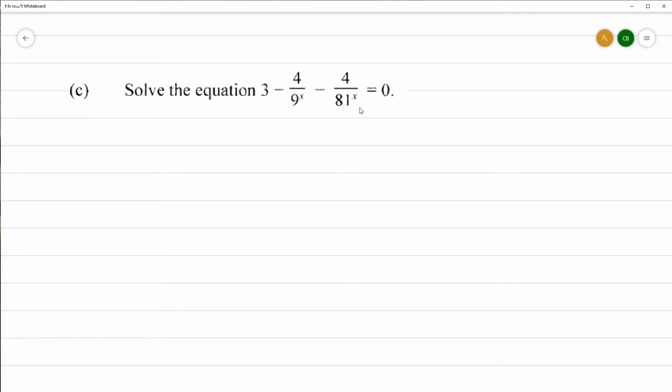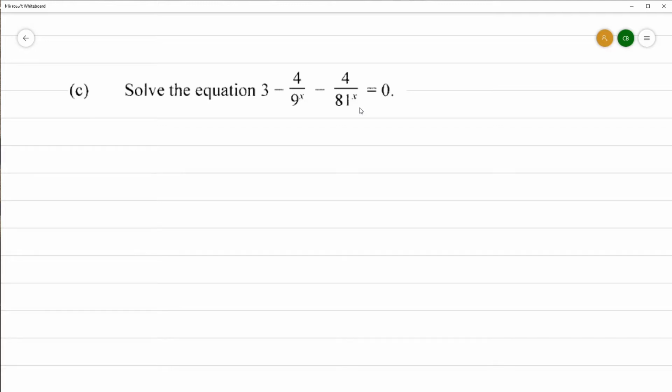So how would you approach this question? Well, we note that we have 9 to the x and we have 81 to the x. So we first of all concentrate on these two terms. This 81 is 9 squared, so we have a 9 to the x. So this 81 could be written as 9 squared and multiplied by an x.